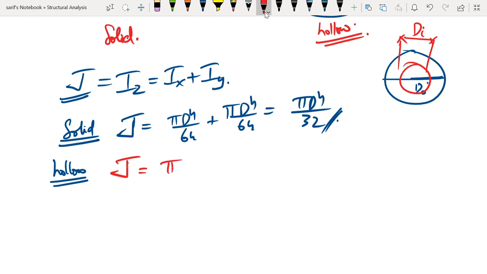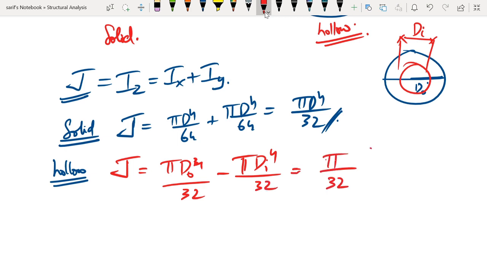So it is going to be pi d outer raised to 4 by 32 minus pi d inner raised to 4 divided by 32. So the polar moment of inertia is going to be pi by 32 into d outer raised to 4 minus d inner raised to 4. So this will be the polar moment of inertia for a hollow circular shaft.